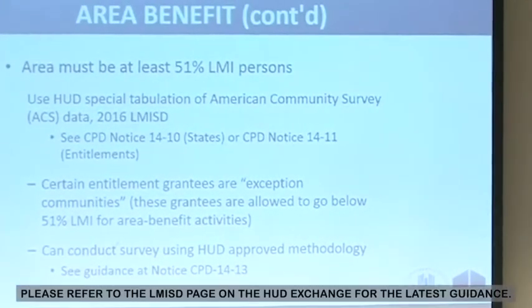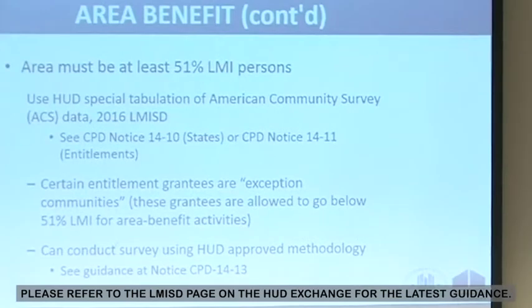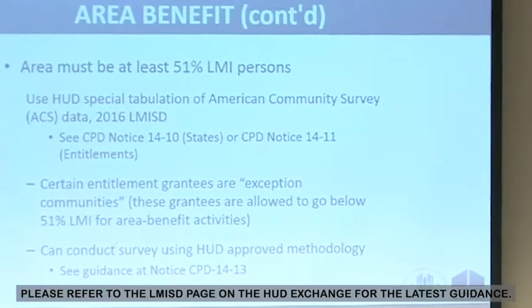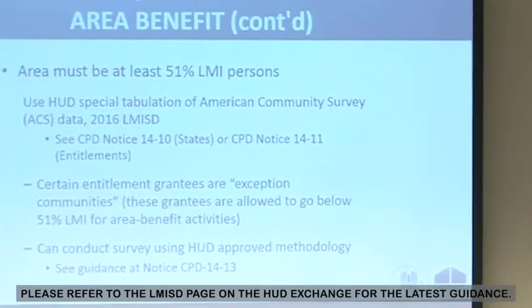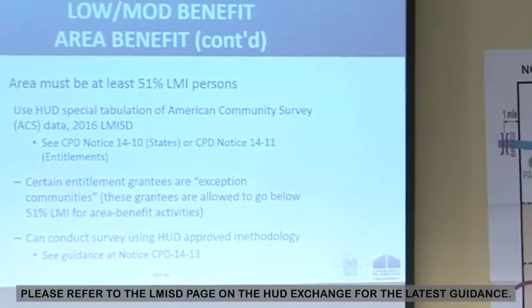Okay, so that's what we use to determine whether a specific block group is primarily low and moderate income, right? Now, since July 1st, 2014, we use what is called the ACS, American Community Survey data. And that is used to determine the numbers corresponding to that particular block group. So it's going to give us a universal number. The universal number is the total population within that block group.